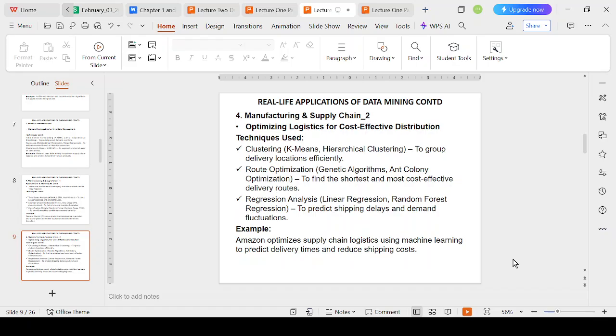Linear regression, random forest regression are the regression analysis that can be used to predict shipping delay and demand fluctuations. Example, Amazon optimizes supply chain logistics using machine learning to predict delivery time and reduce shipping costs.